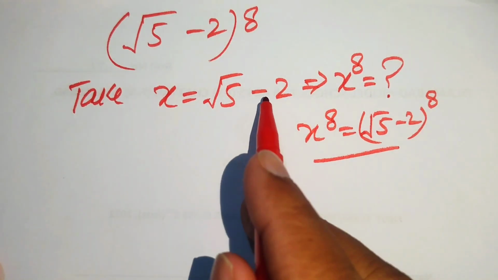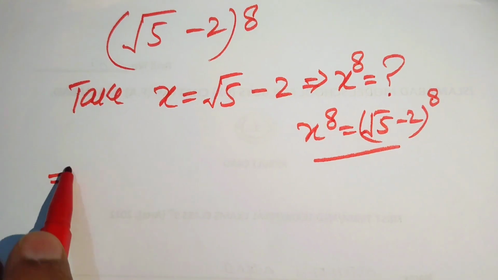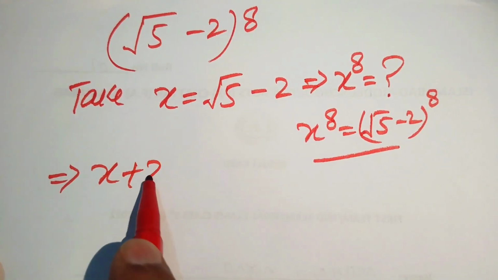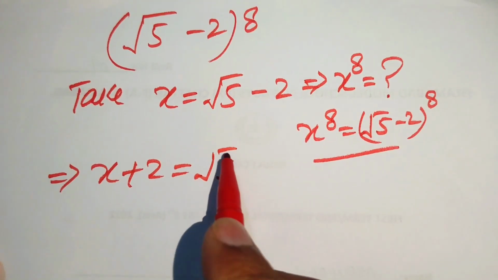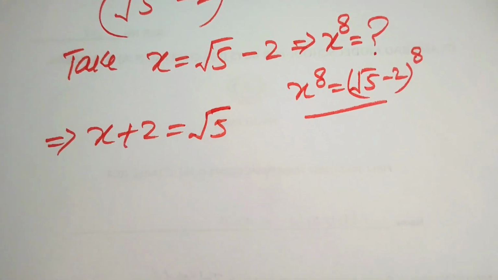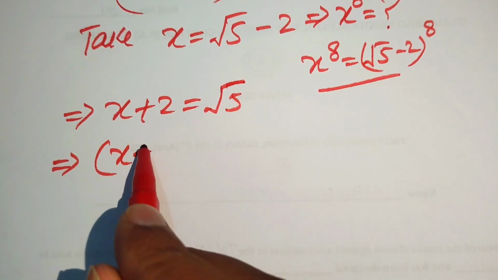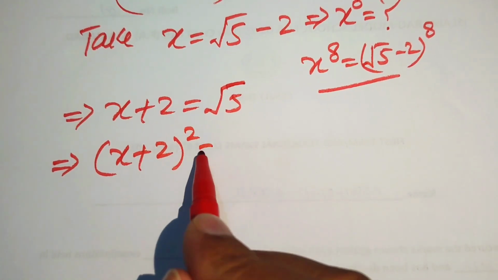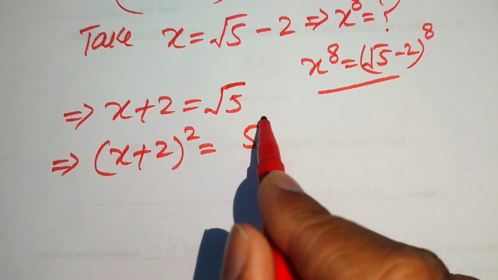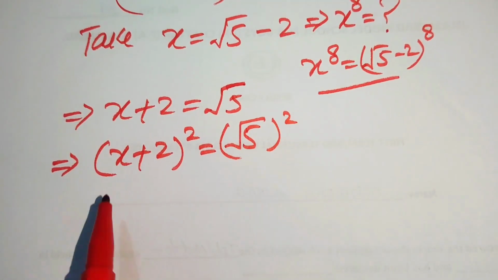So here we need to move this minus 2 to the left hand side, and it will be written as x plus 2 equals square root of 5. And now we need to remove the square root sign, so we take squaring on both sides, and it will be written as (x plus 2) whole square equals square root of 5 and its whole square.